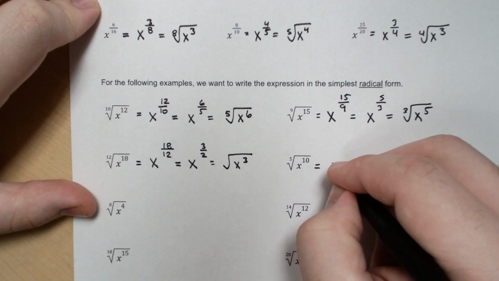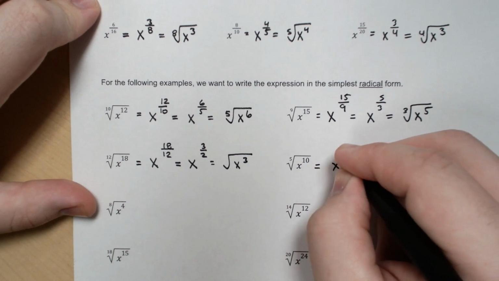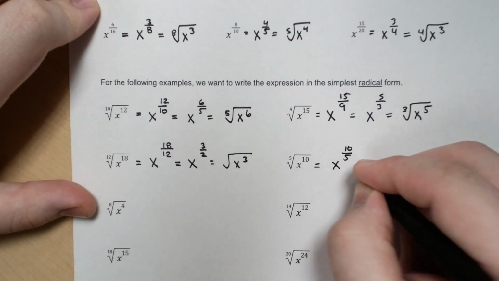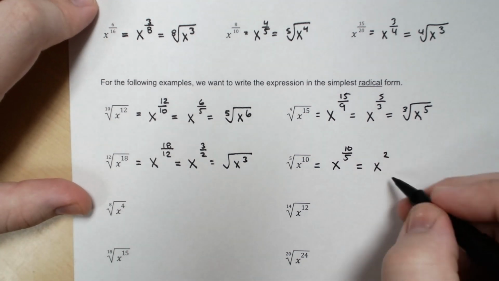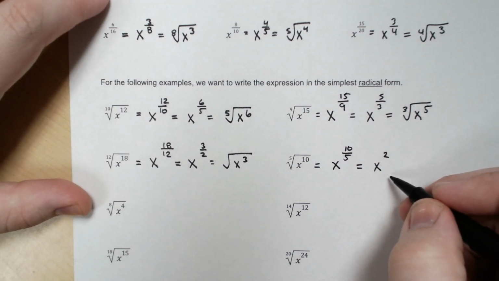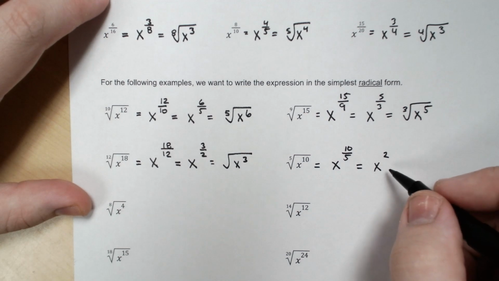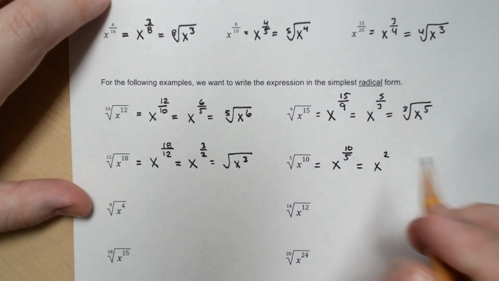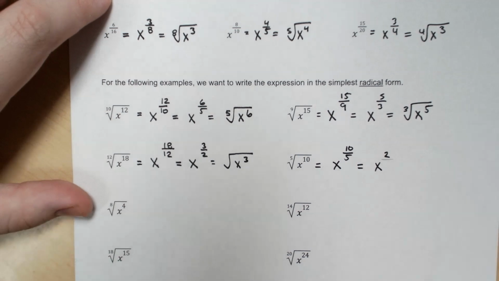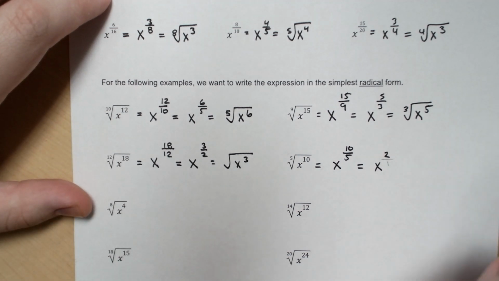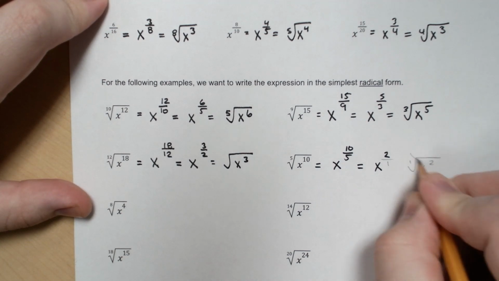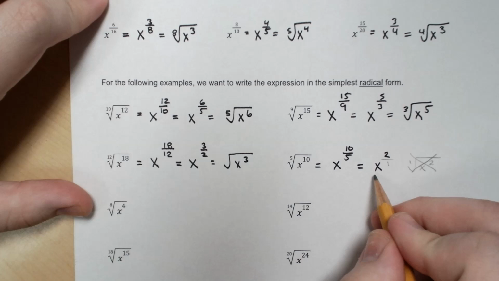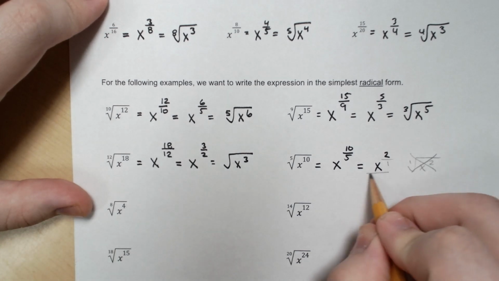That would be x to the 10 over 5, which goes down to x to the 2nd power. That actually just simplified down to x squared. And because it's not x to the 2 over something power, we're not going to be able to write it as a radical. I mean, you could call it 2 over 1, but there is no such thing as a 1th root of x squared. That doesn't exist. So the simplest form would actually just be this.